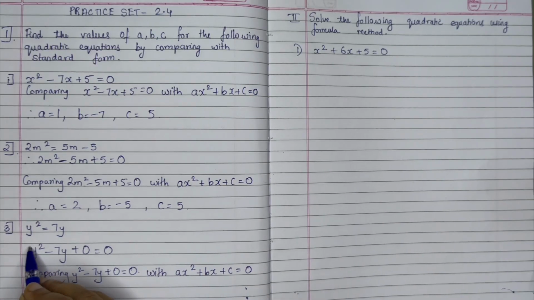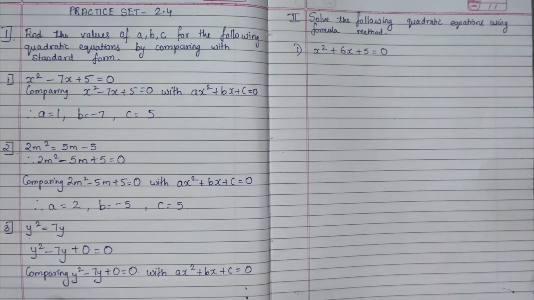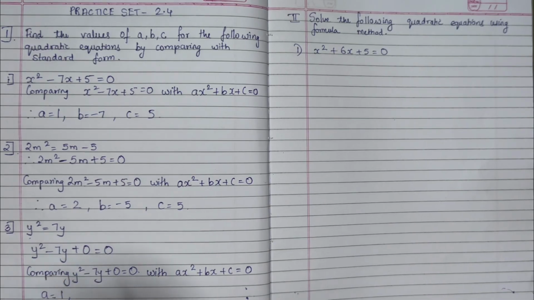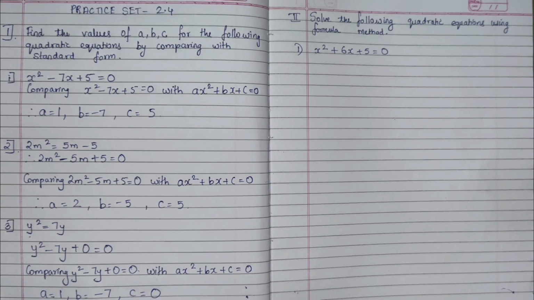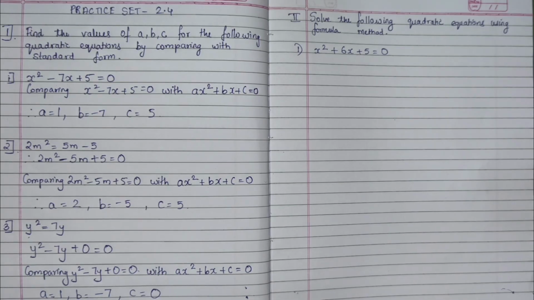Now see here, again there is no number over here, so that is 1. That means a is 1, b is minus 7 and c is equal to 0. Understood? So we have finished the first part over here. Now see the second question.